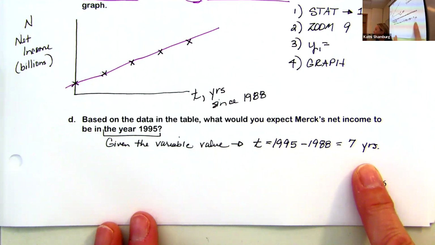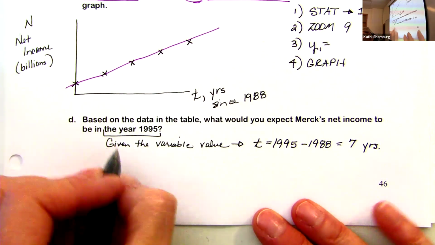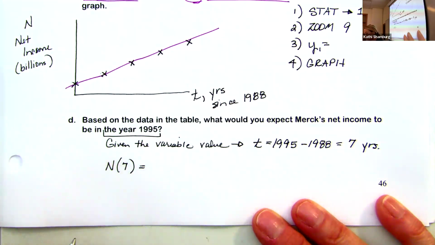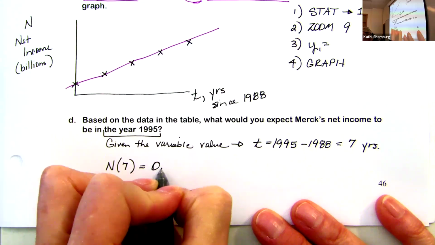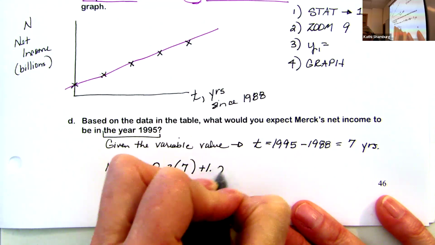How would you write that in functional notation? N at 7. Now, this is where Brett was asking this question. So what I'm going to do is use the formula that we found, which is 0.3 times 7 plus 1.2.